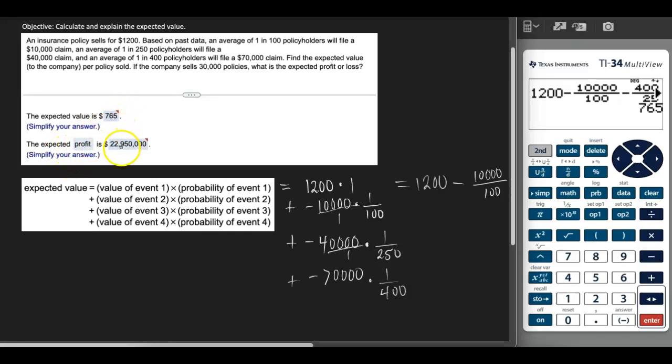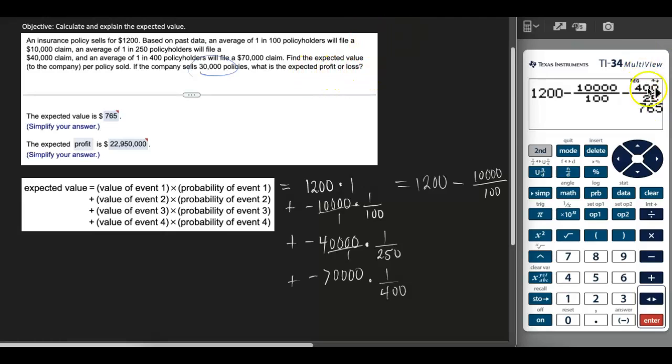Now, this next question is asking over a more, I guess you could say, over several policies, the entire company, looking over all of the policies that it sells. It says here, if the company sells 30,000 policies, what is the expected profit or loss?